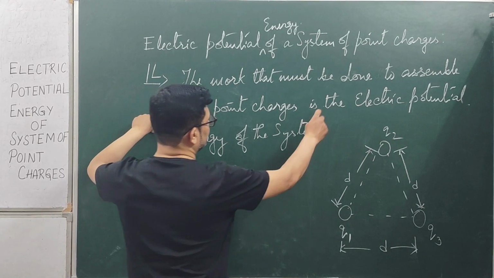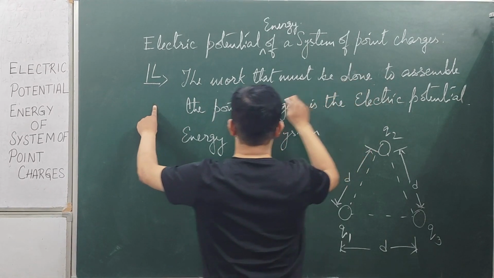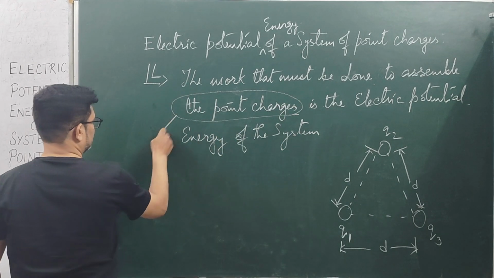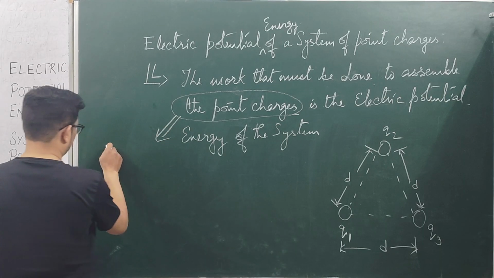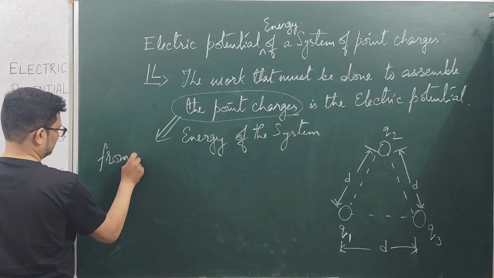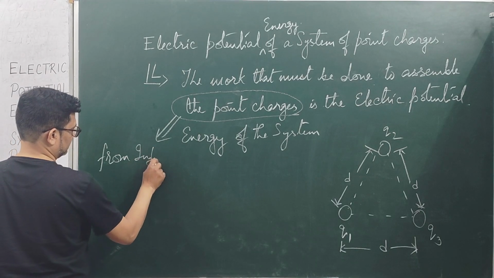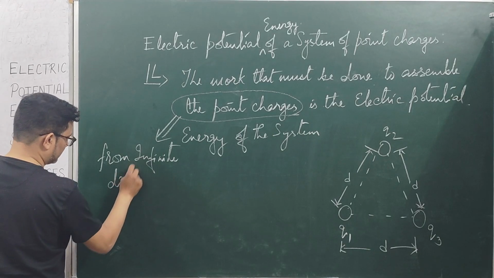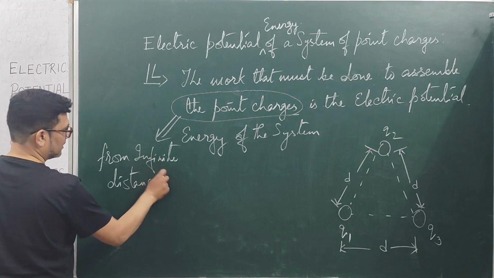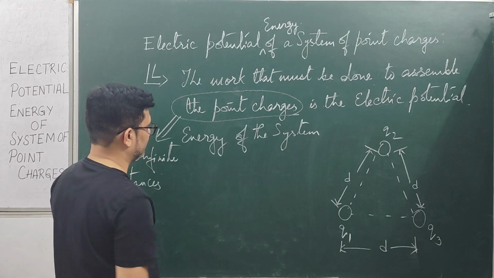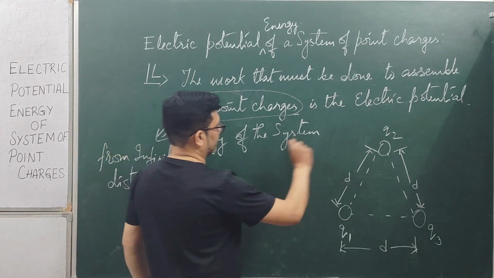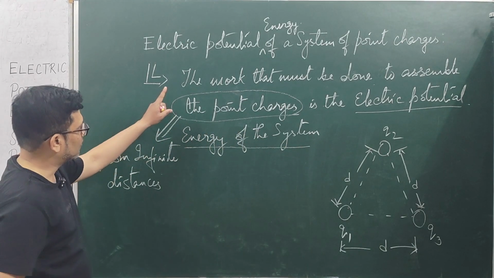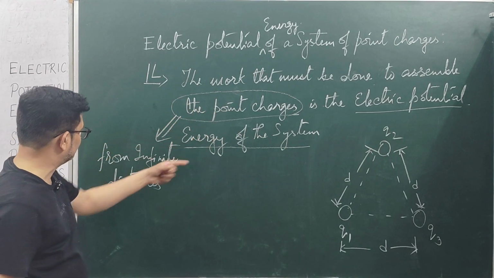Now this work done to assemble the point charges, from where? Here comes the question. From infinite distances you have brought those charges, placed and assembled them, and that is what we call the electric potential energy of this system.